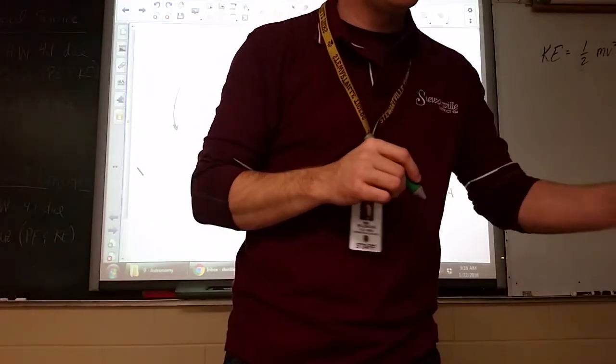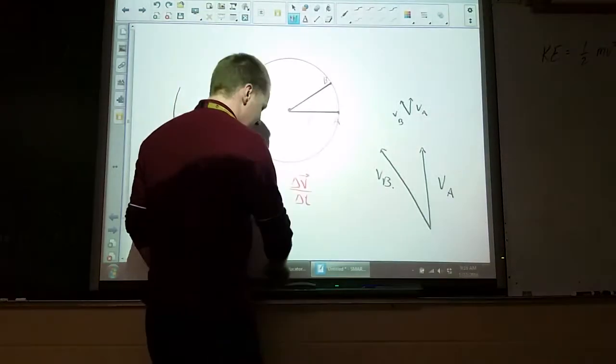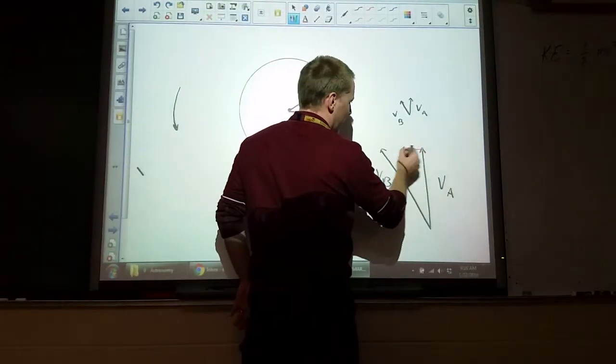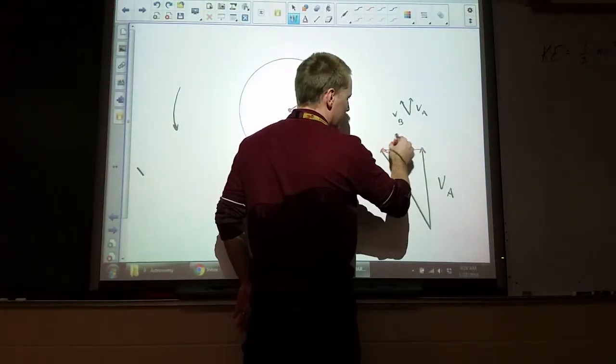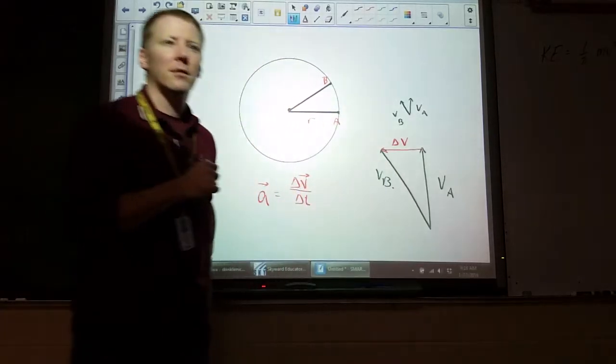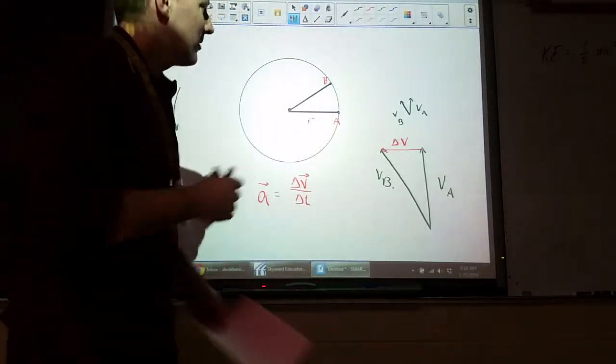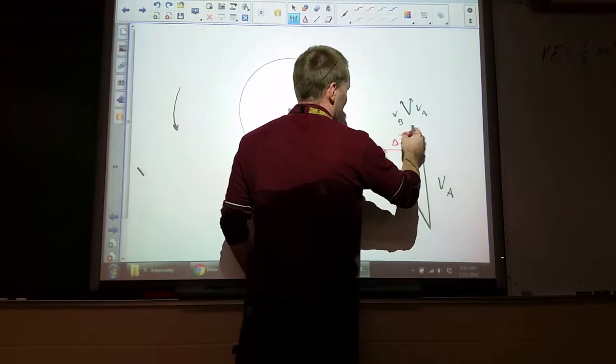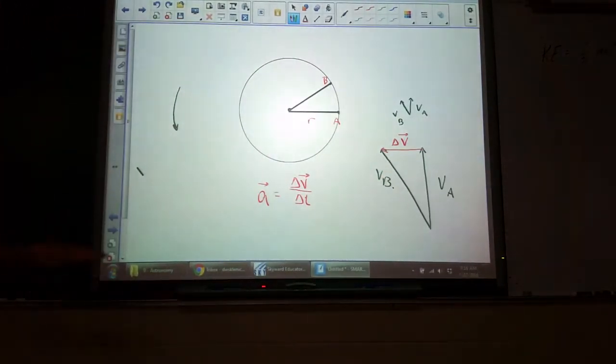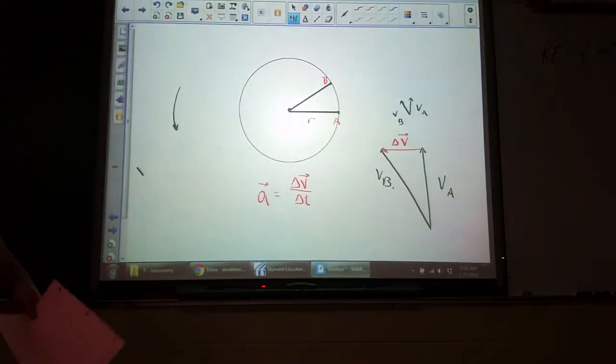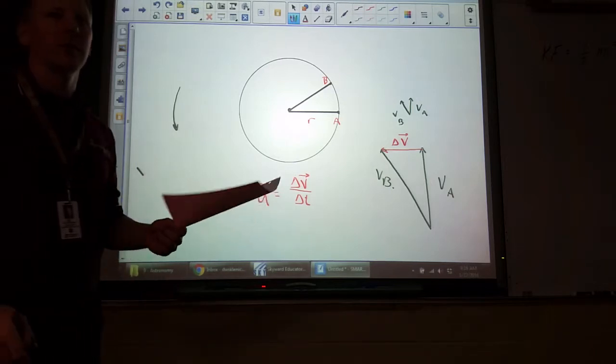If we want to know what the change in velocity is, it's this thing that connects one velocity to another. This is our delta V. These are all vectors, and that's kind of why it looks weird. So it's not 1 plus 1 equals 2, it's 1 plus 1 equals 34 degrees sort of deal.